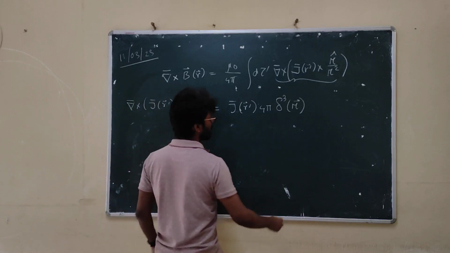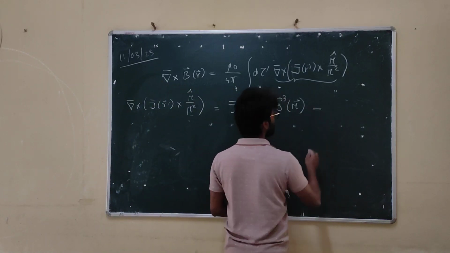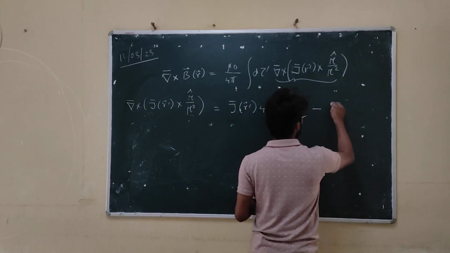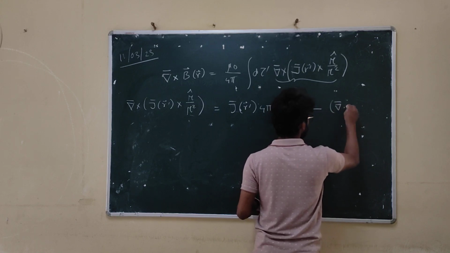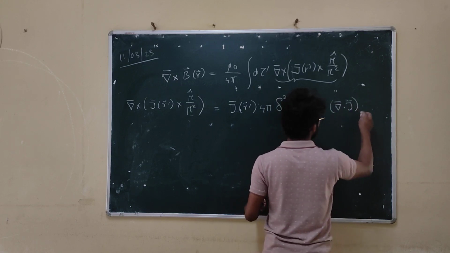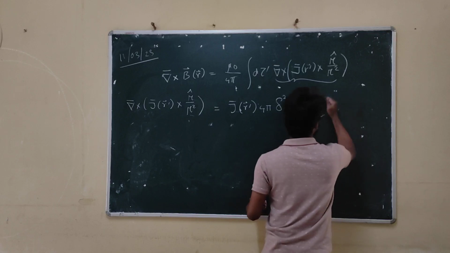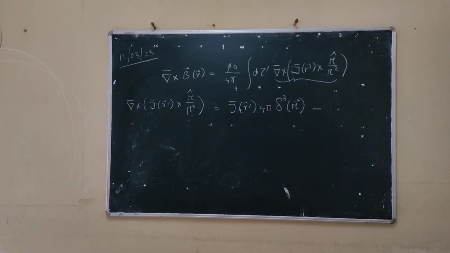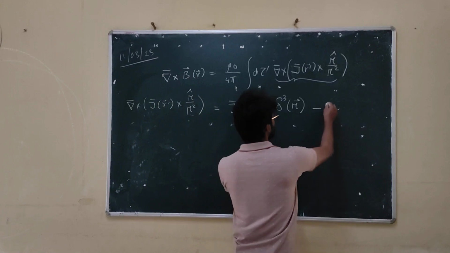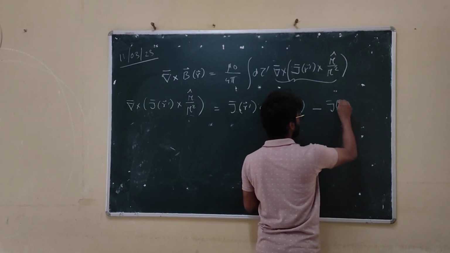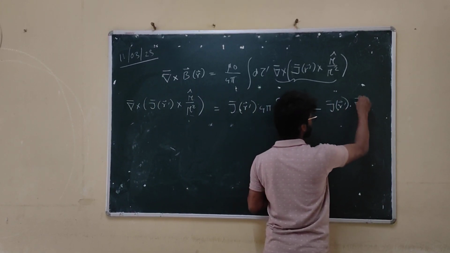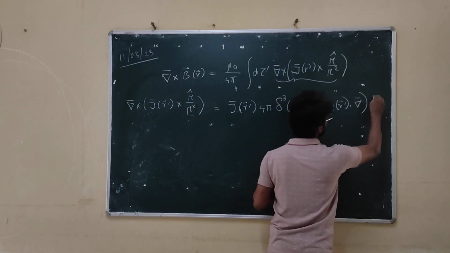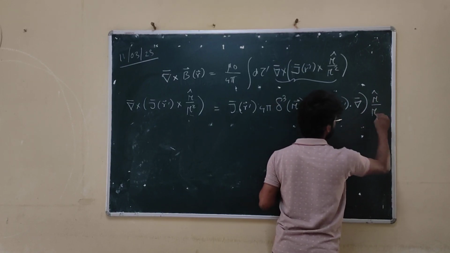And then there was a term like J dot del prime. So J of R prime dot del of R over R square.